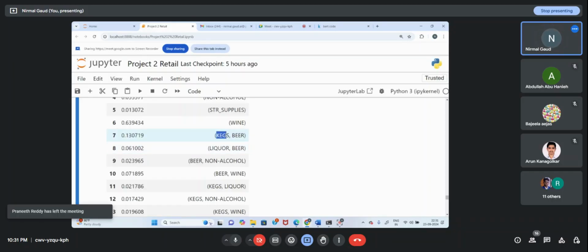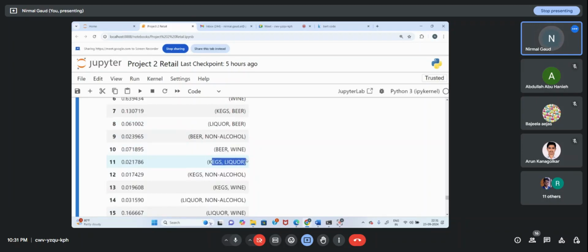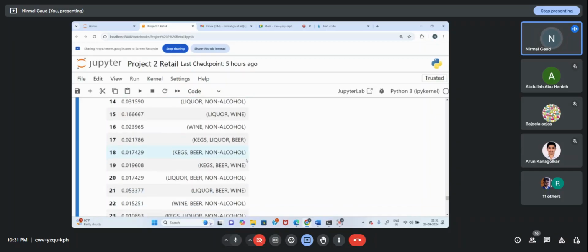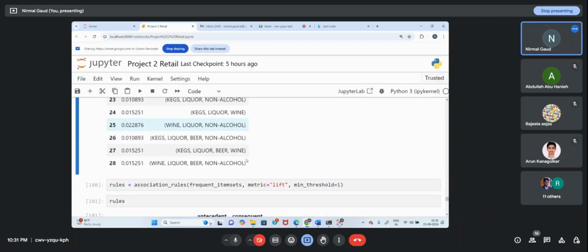If cakes are supplied, then beer is also supplied. Then liquor and beer, beer and non-alcohol, beer and wine, cakes and liquor. So these are the relationships. And at the last are wine, liquor, beer, and non-alcohol.